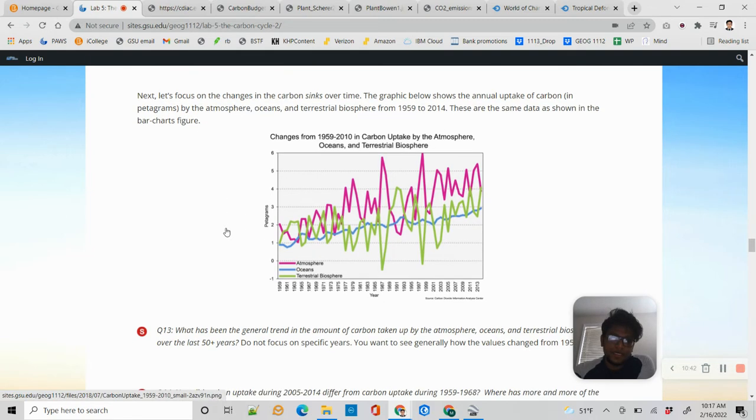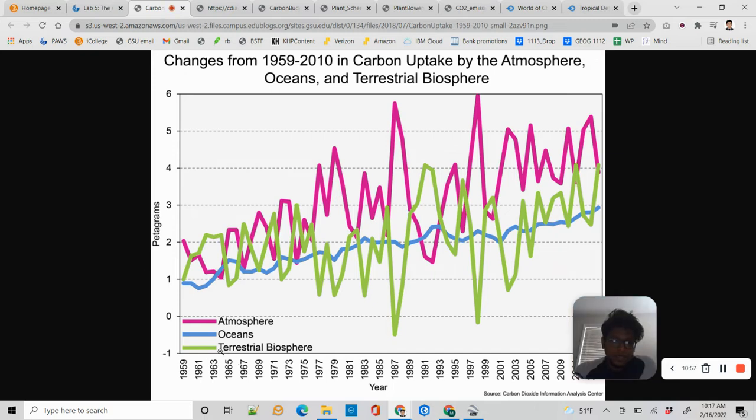If you look at this one over here, from 1959 to 2010, carbon dioxide uptake by the atmosphere, ocean, and terrestrial biosphere. If you follow this pattern here, you can see the ocean, the blue line, gradually took more and more carbon dioxide.